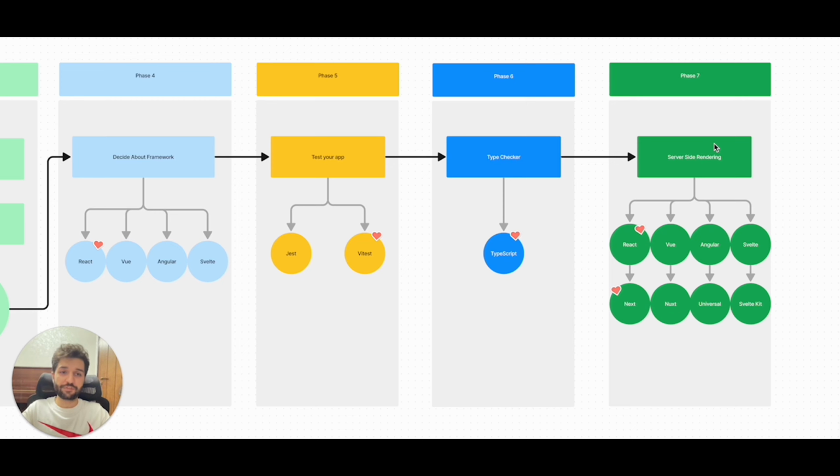Depending on which framework you choose in phase 4, you can go through one of them here. I mean, if you choose React, you should go with Next. If you choose Vue, you should go with Nuxt, or any other that you can see in phase 7. But again, my suggestion here is React and Next.